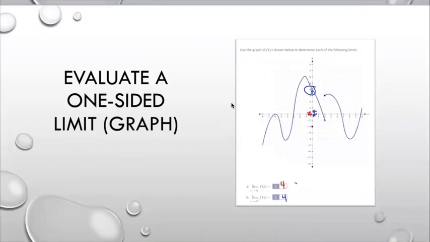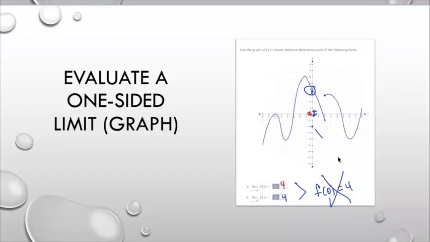Is this telling you that the function evaluated at 0 is 4? No, that is not what the limit is telling you, all right? The limit is just telling you that the function is approaching 4 as x approaches 0, but not necessarily that the value of the function for x equals 0 is 4.